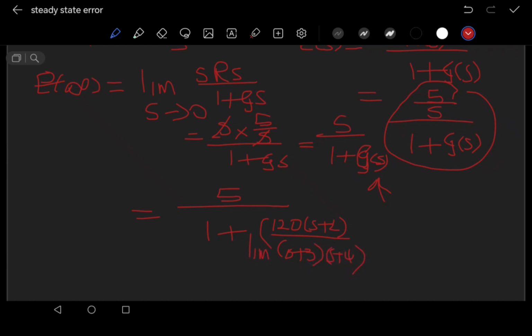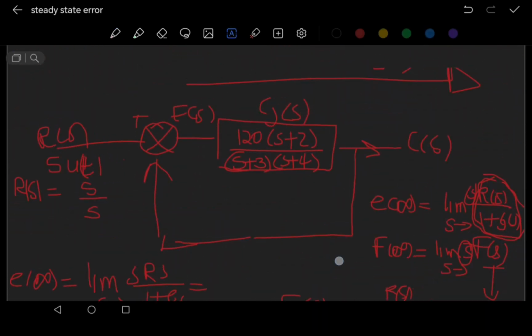So we have to substitute s by 0, and from there it will be 5 over 1 plus, and we do the calculations of this: 120, 0, and 0, 0. So this will give us approximately 20, right? So it will be 5 over 21, and that will be it.